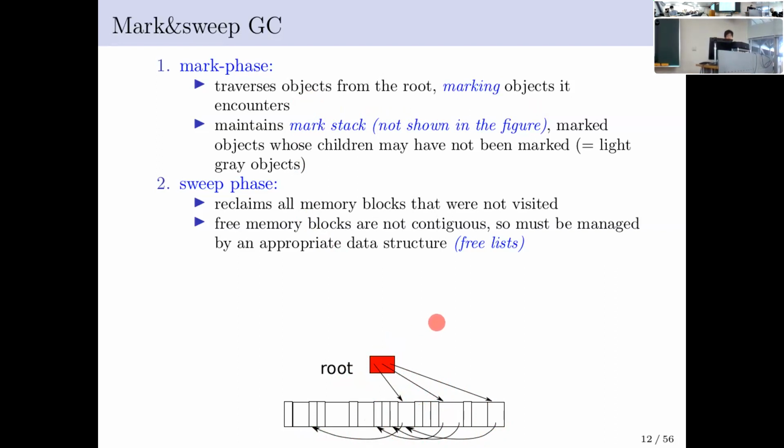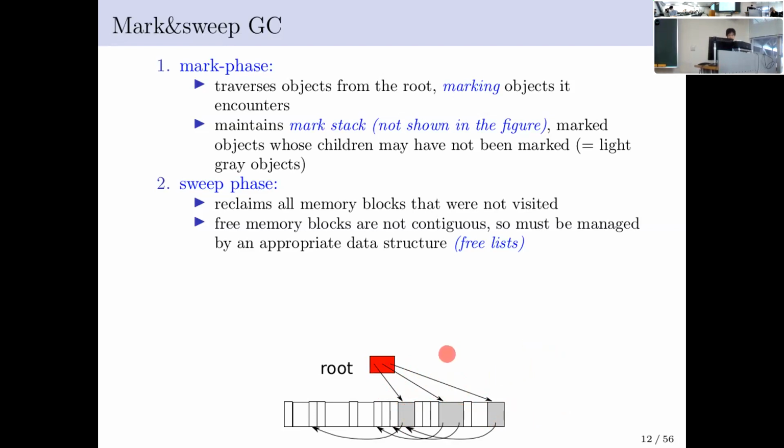All you have to do is identify all objects reachable from the root by traversing one or more pointers. In the beginning, it will discover that this object is reachable because there's a pointer directly from the root to that object. Similarly, it also discovers these two other objects are also reachable.